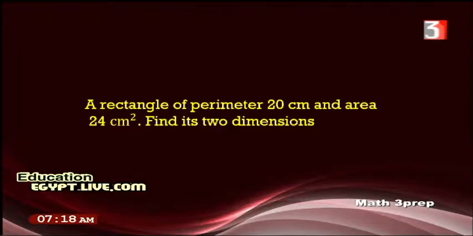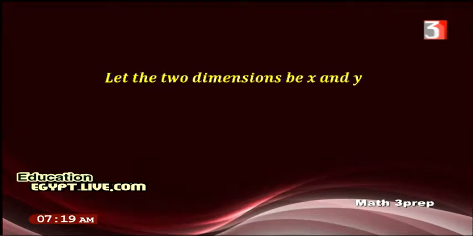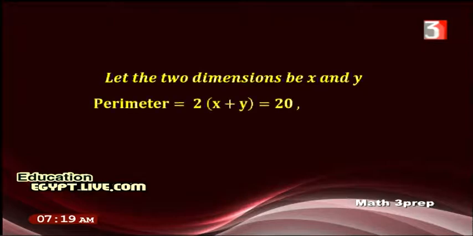So, by using the rules you have studied before, all of you know that. Let the two dimensions be x and y. Then, the perimeter is 2 multiplied by x plus y, which gives 20.